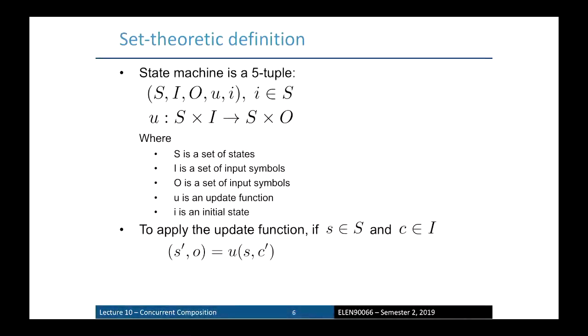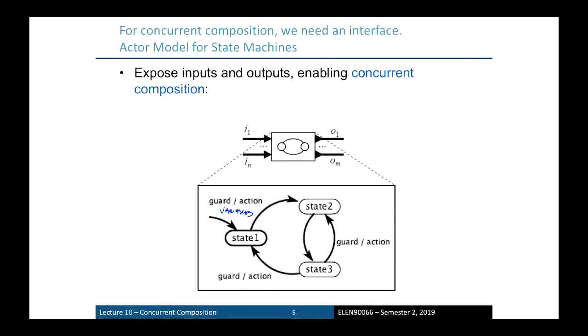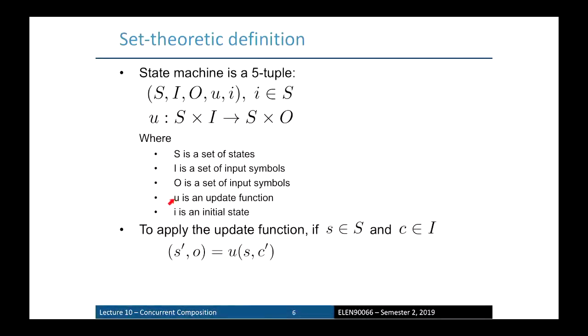What is all this? Well, remember that the actor model is mapping, it's a functional mapping. In this case, the guts of this, if you like, is the update function. Whereas in other actor models where we looked at continuous time systems, the integrator is like the mapping. Here we have the FSM as the mapping, and the update function is the real mapping, what's going on here. So let's look at this.